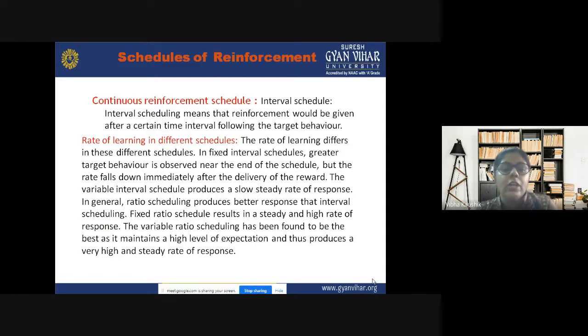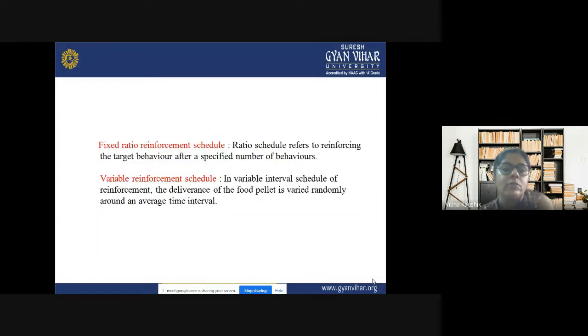In general, ratio scheduling produces better responses than interval schedule. Fixed ratio schedule results in a steady and high rate of response. The variable ratio scheduling has been found to be the best as it maintains a high level of expectation and thus produces a very high and steady rate of response.